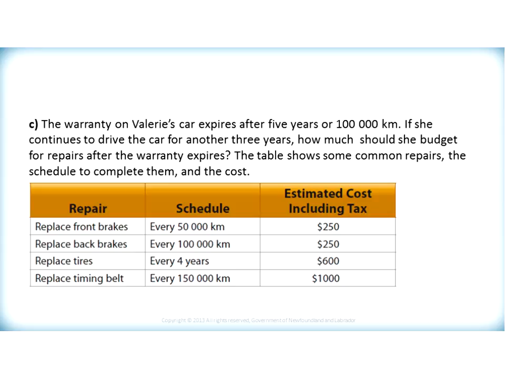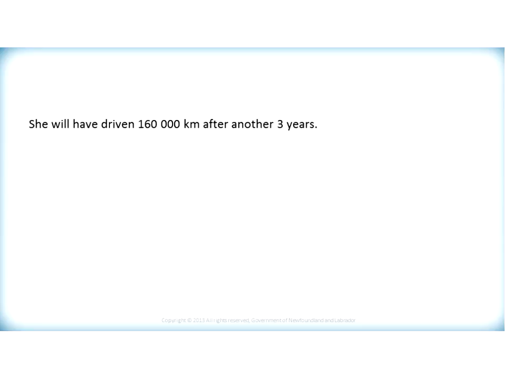So she buys the car, there's about 60,000 kilometers on it. So after 3 years, at 20,000 kilometers a year, she'll have driven 160,000 kilometers in total.